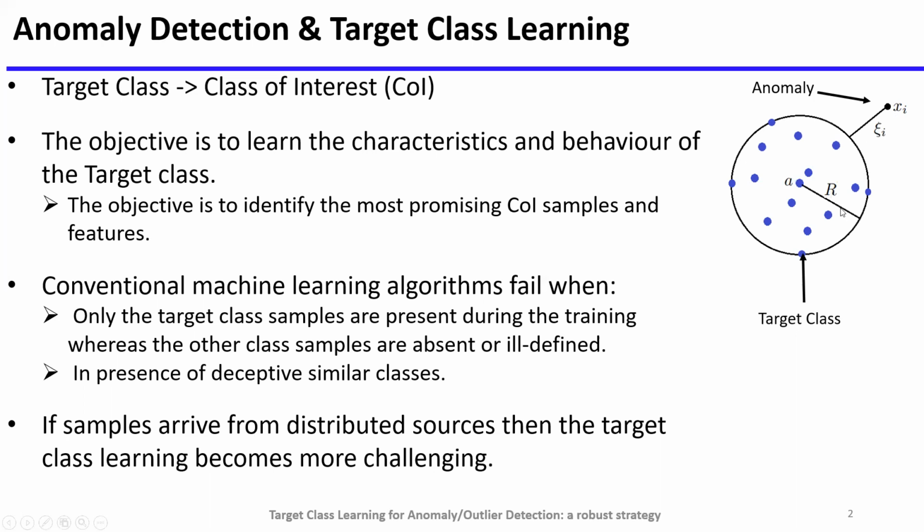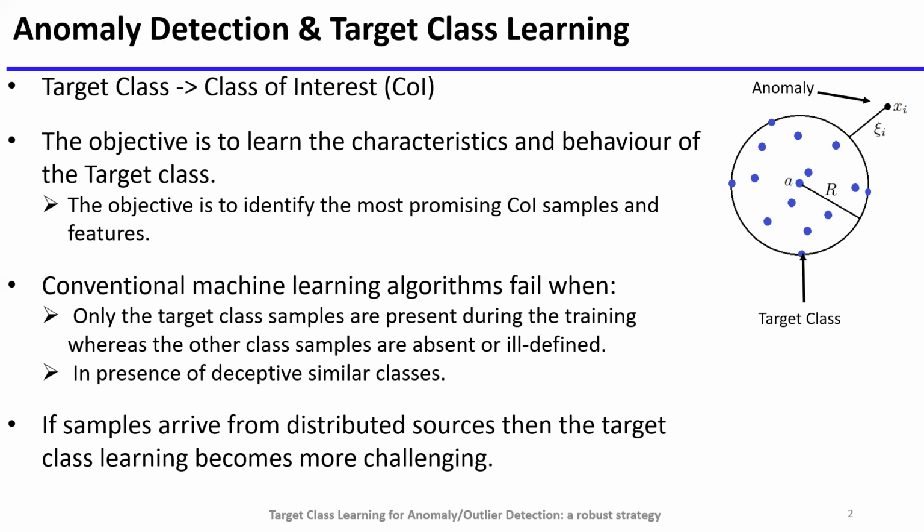The basic idea is how we should learn the boundary that will cover this target class very efficiently, such that any incoming sample, if it is anomalous, should fall outside of this boundary. So the objective of target class learning is to learn the characteristics and behavior of the target class very efficiently.